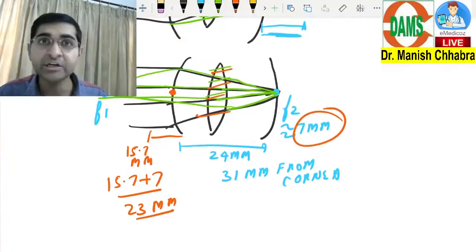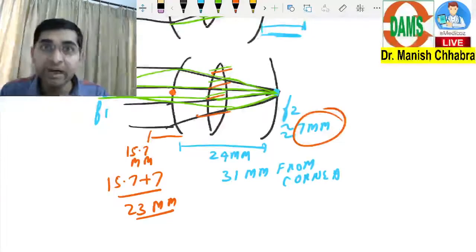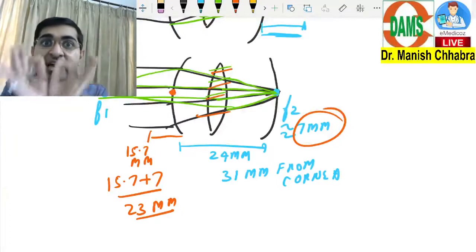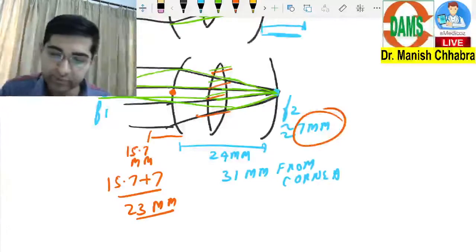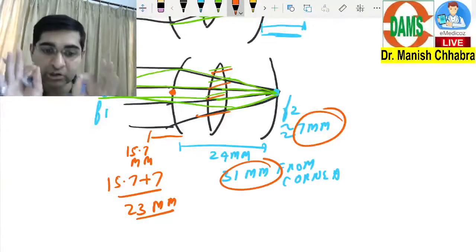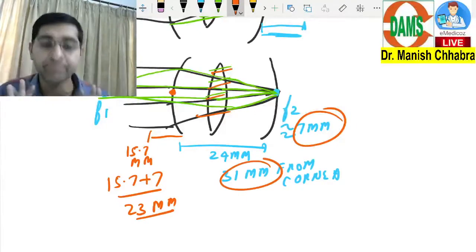Is it clear? So the first focal point lies at a distance of 23 mm from the cornea. The second focal point lies at a distance of 31 mm from the cornea. So you should understand this. That is the optics of aphakia, very very important, right?